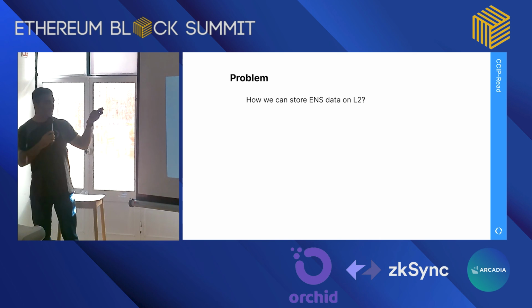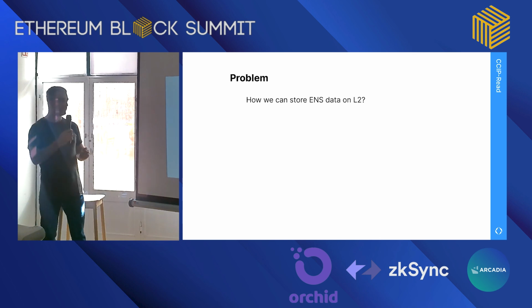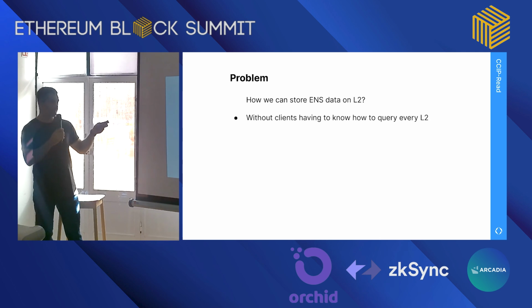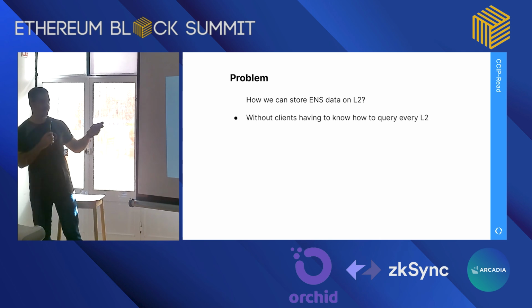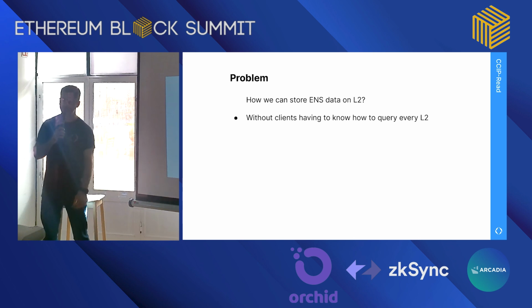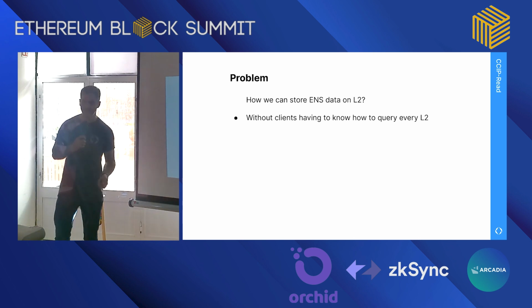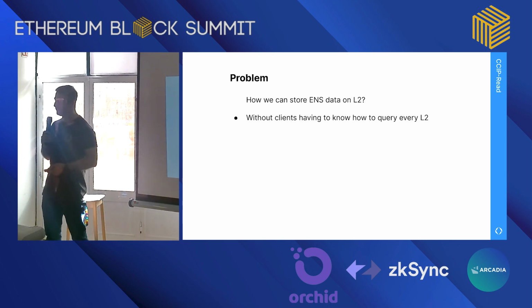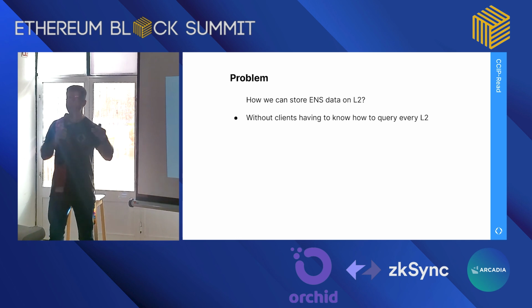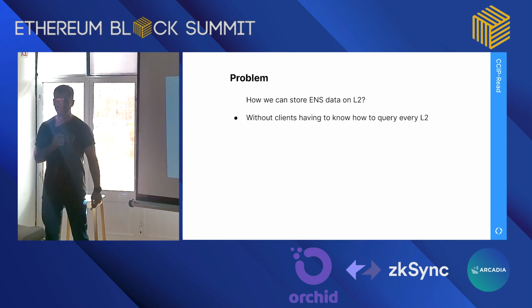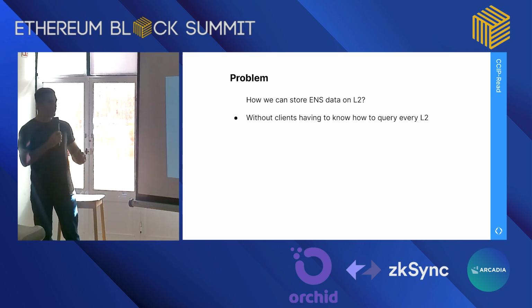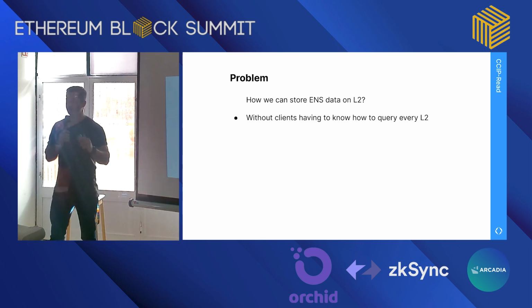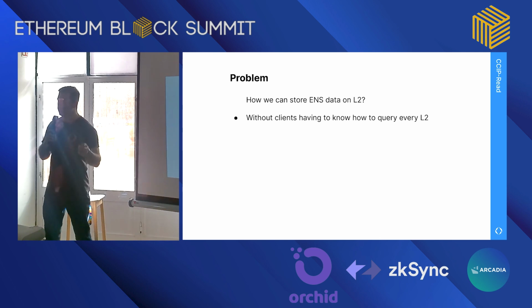The first problem was how we can store ENS data on L2 without clients having to know how to query every L2. We have client implementations like Ethers.js, Web3.js, and implementations in Rust and other languages, and we don't want a specific implementation for each L2.